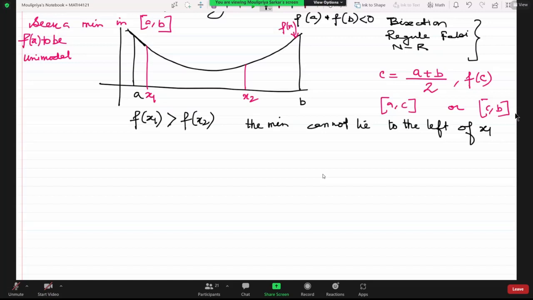Yes, ma'am. That implies we can eliminate this region and your new interval of search would be x1 to b. Is everybody okay with this?